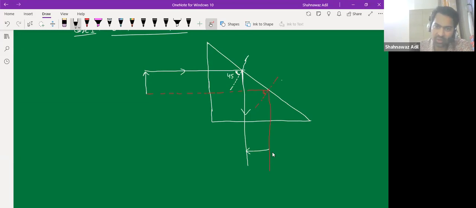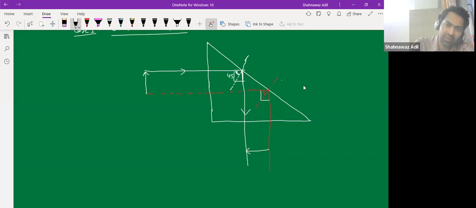So the size will remain the same, but this object will be inverted. So this is the 90-degree deviation, right? When the rays are falling at the isosceles side, it will be deflected at 90 degrees. So this is the angle of deflection.